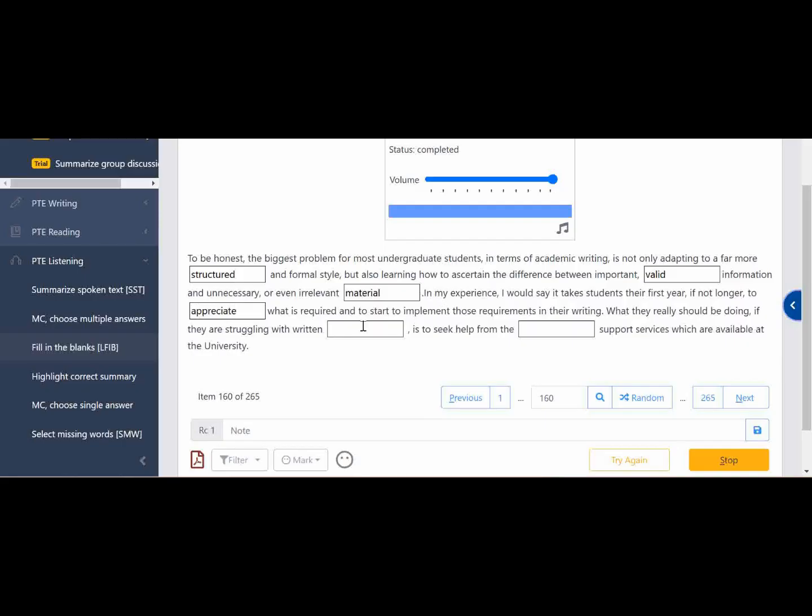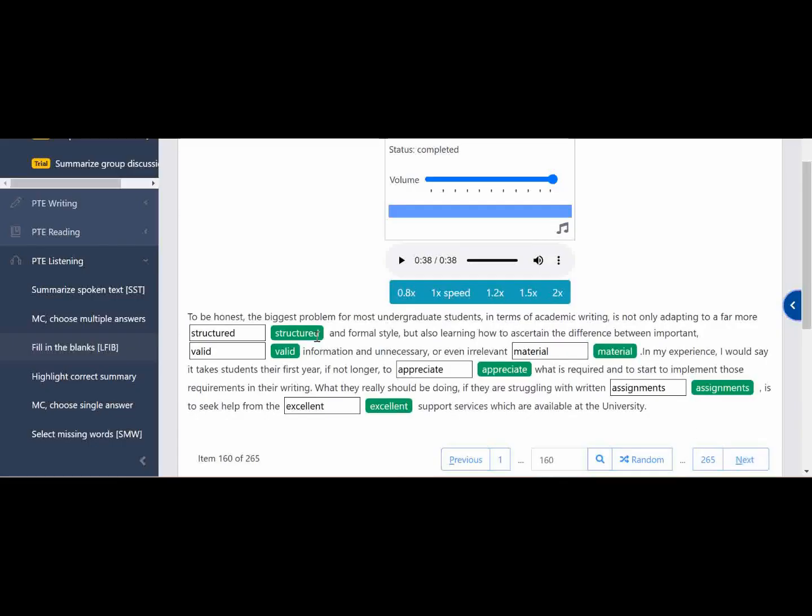Next is assignments. So you can check the spellings of assignments within the paragraph also. And last one is the excellent. So let's first check the answers. Yeah. So it's structured. Check your spellings of structured. Valid information. Irrelevant material. Appreciate, with 'to' we use the first form of the verb. So it is appreciate. Assignments. And here it is excellent.